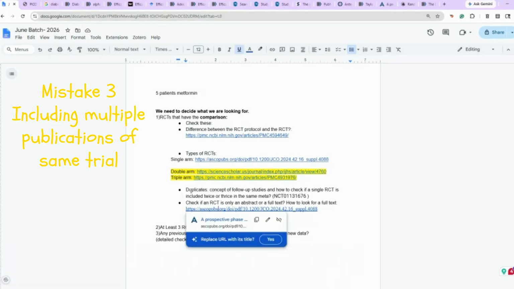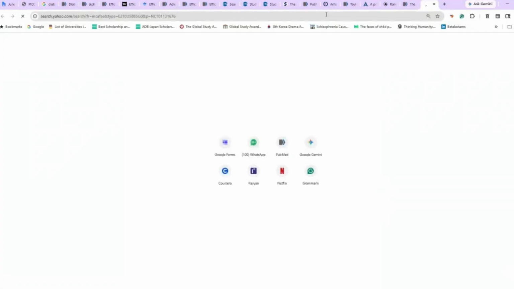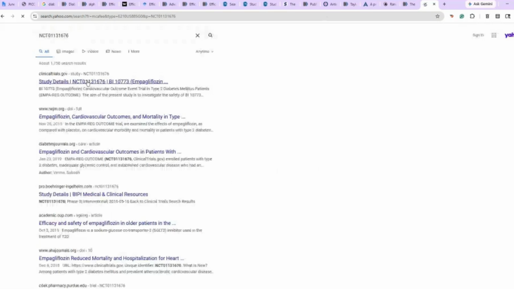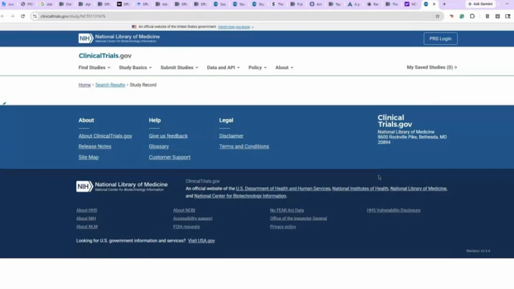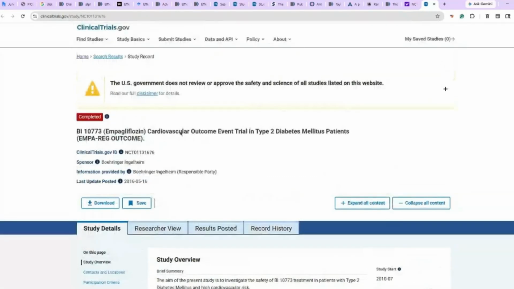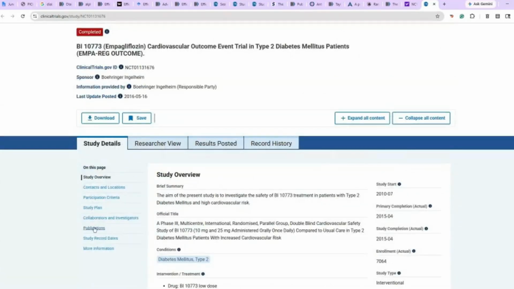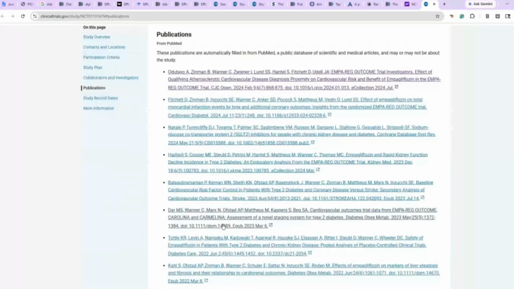So basically what happens is that if I take this NCT number, you see, this is the clinicaltrials.gov registry, and when I go to this publication section, this RCT or randomized controlled trial has lots of publications.